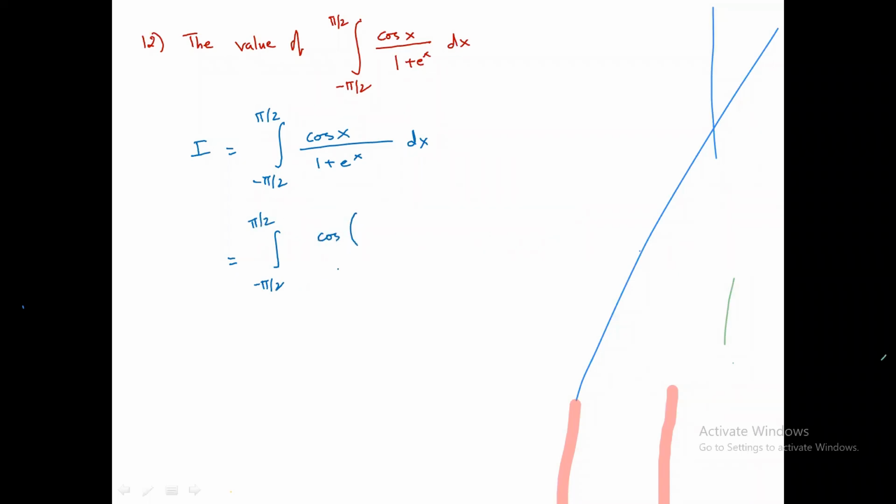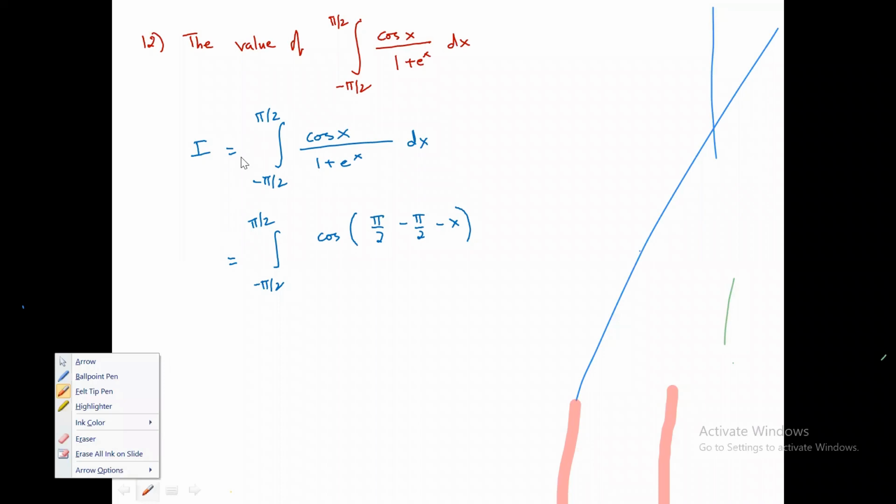In place of x, I will write pi by 2 minus pi by 2 minus x. Why am I writing this? Pi by 2 is here, the upper bound. See. Oh, I wanted the arrow.